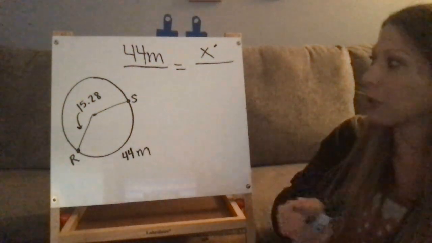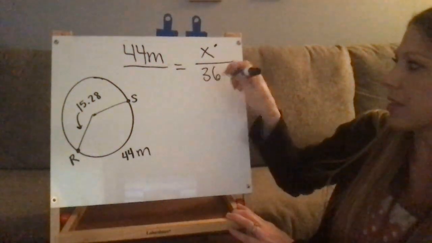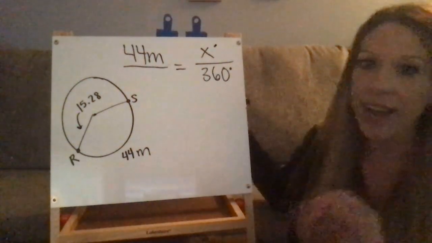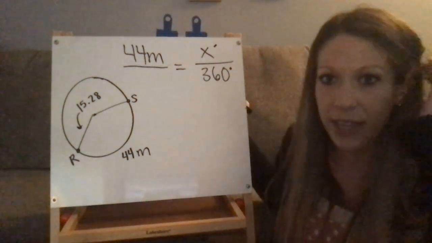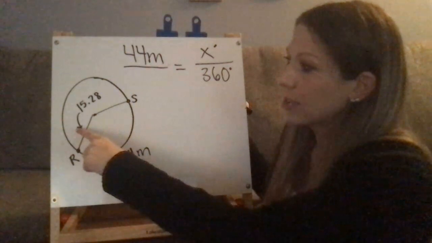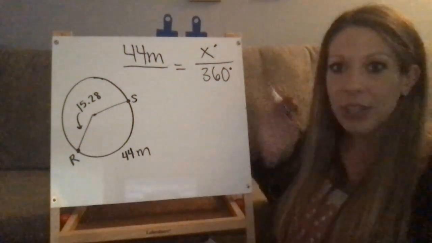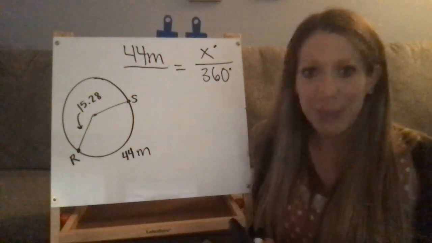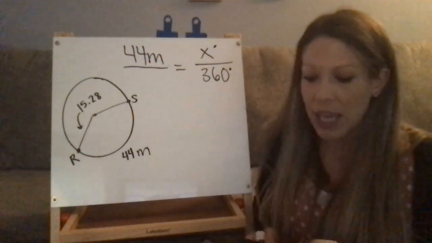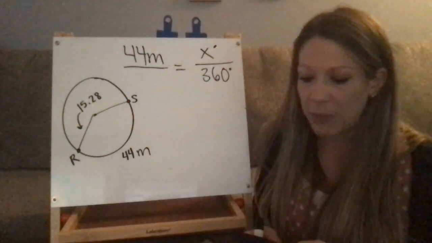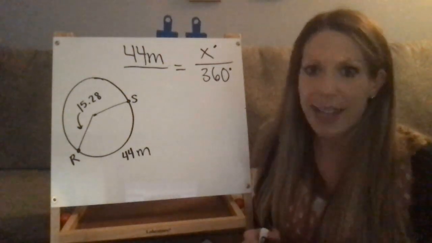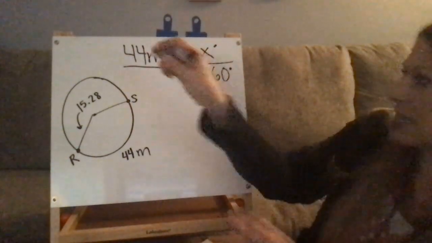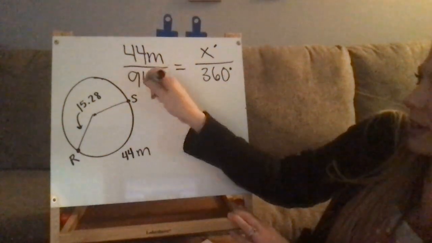The whole circle, we know, is always 360 degrees, and we can find the length around the whole circle by finding the circumference. It tells us the radius is 15.28, so circumference is 2 times pi times radius. If I take 2 times pi times radius, I get about 96 meters.